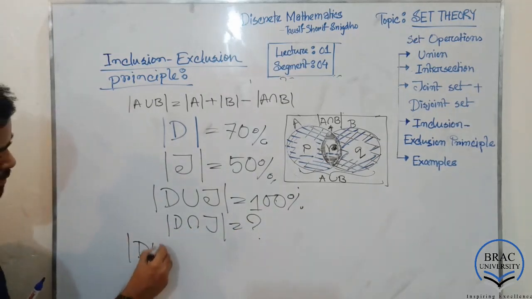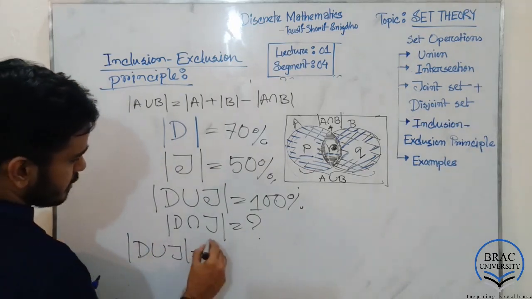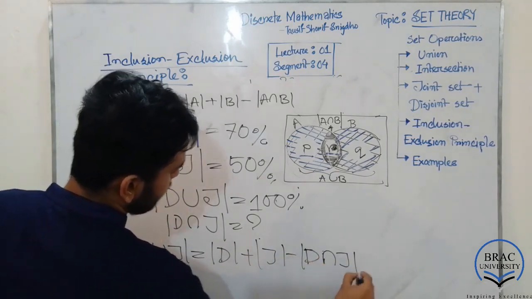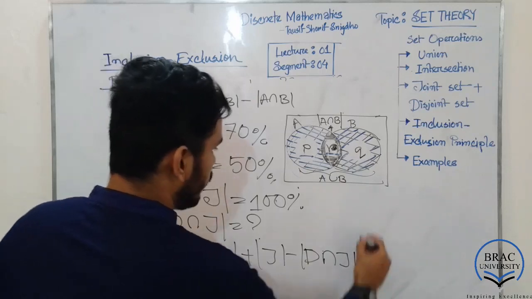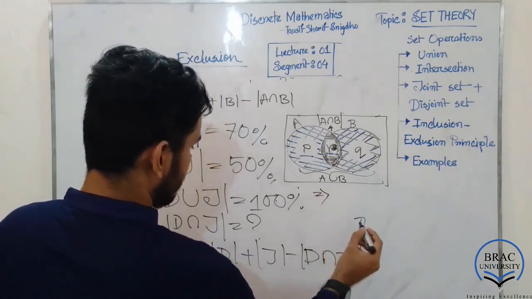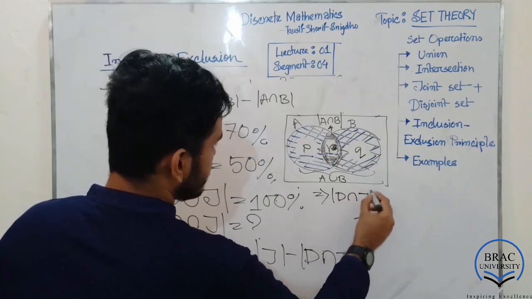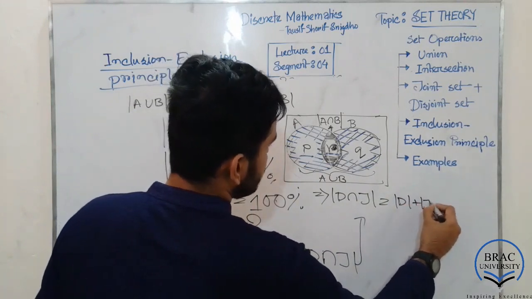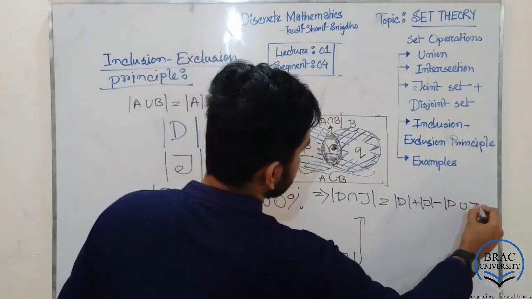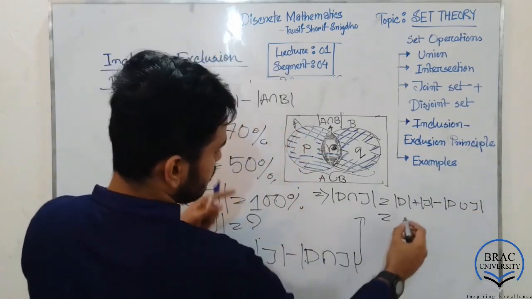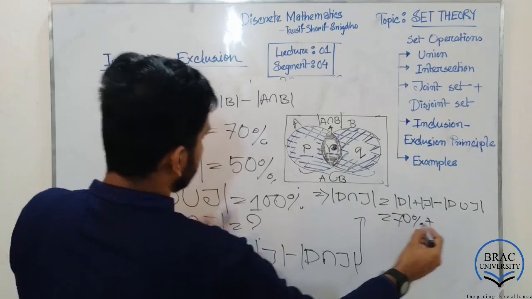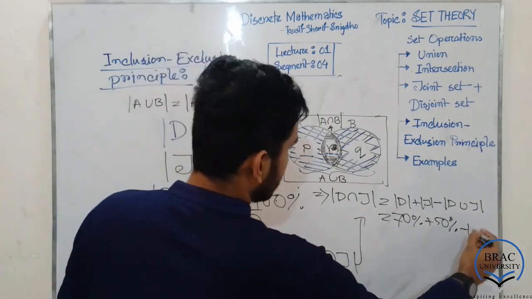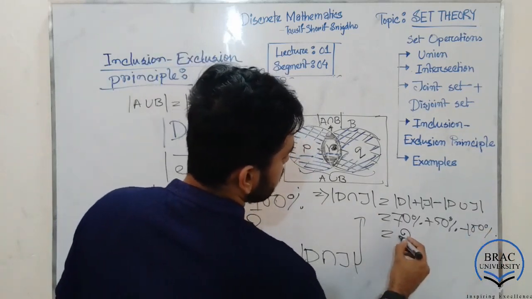From the inclusion exclusion principle, we know that D union J's cardinality equals D plus J minus D intersection J. So we get here that D intersection J, taking this to the left side, is D plus J minus D union J. This was 70%, this was 50%, and D union J was 100%.